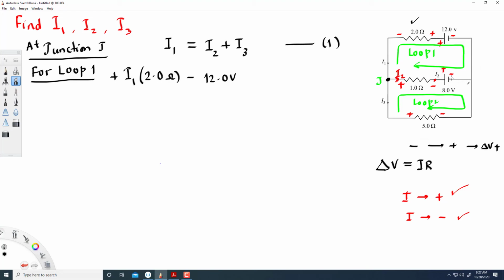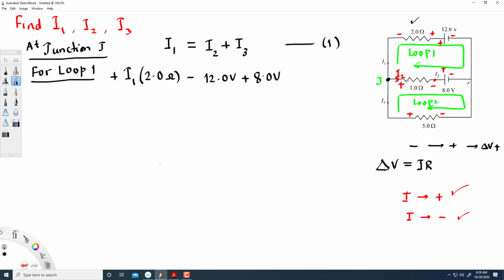In the next part, following that clockwise path, for this battery we are going from negative to positive, lower potential to higher potential, so that's positive, 8 volts. Then we have this one.